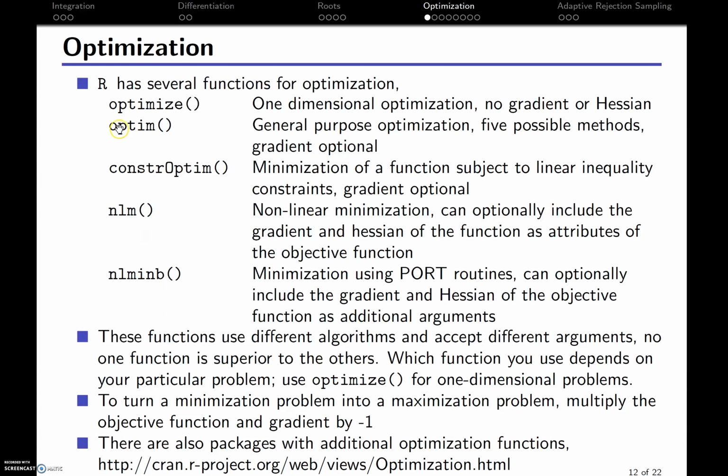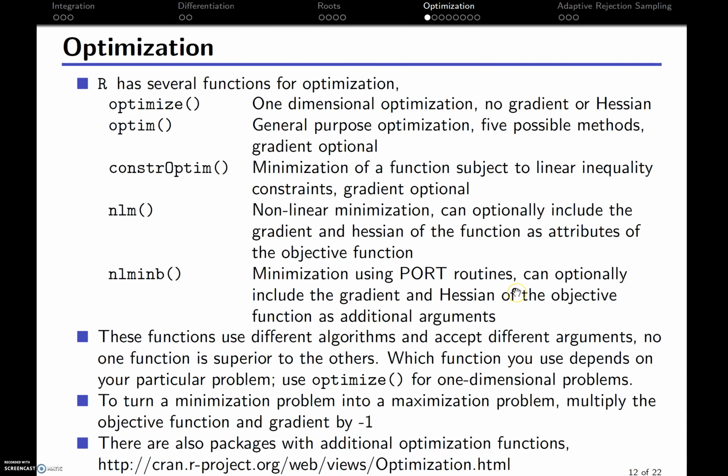Finally, optim is the one I use most of the time because it's most flexible and provides more functionality than optimize. You can do constrained optimization using this function, nonlinear optimization, and then you can use port routines, which I don't usually use and am not very familiar with.